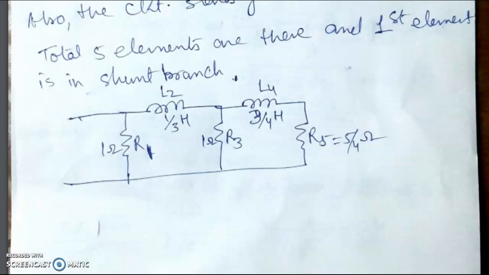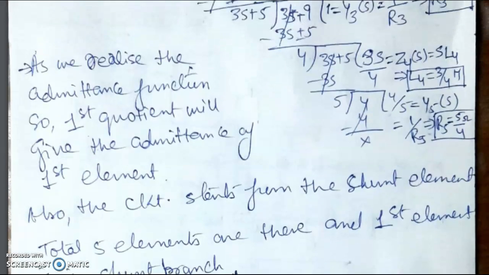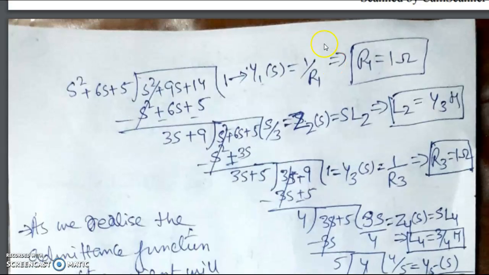So when we compare the quotients, because we are expanding the admittance function, the first quotient will give the admittance of the first element, which is equal to 1/R1, that means R1 is equal to 1 ohm. The second quotient will give the impedance of the second element, Z2 = sL2, which implies L2 is equal to 1/3 Henry.